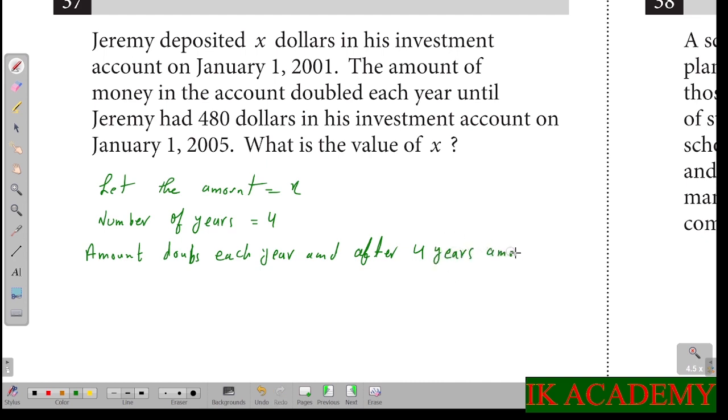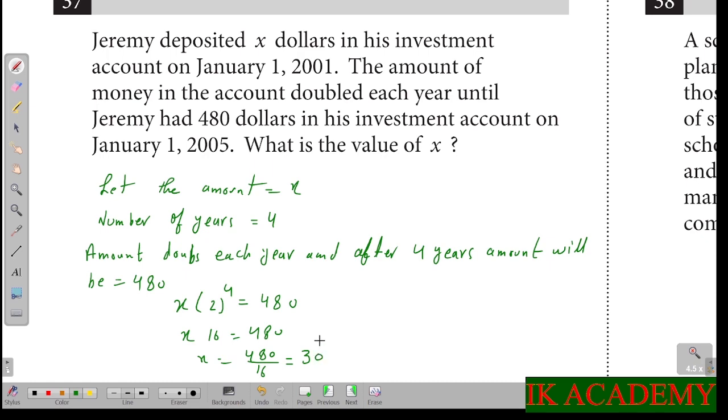We can present it in the equation that X amount will be doubled for 4 years and it will be equal to 480. So X times 2 to the power 4, which is 16, is equal to 480. X is equal to 480 divided by 16, which will equal 30. So the actual amount will be 30.